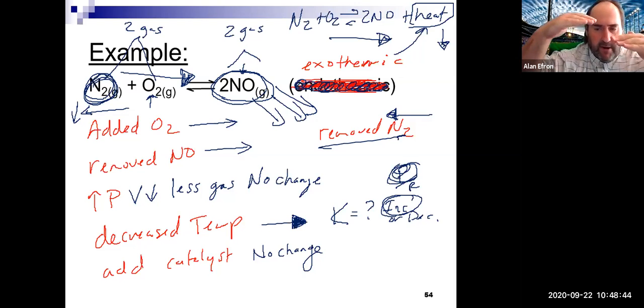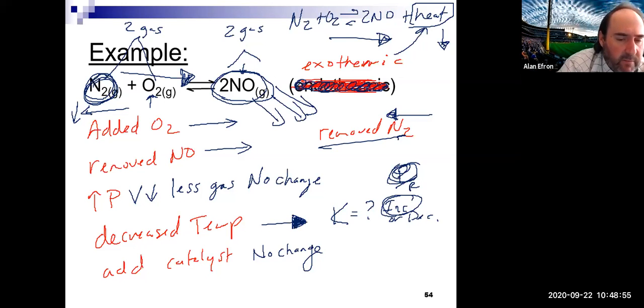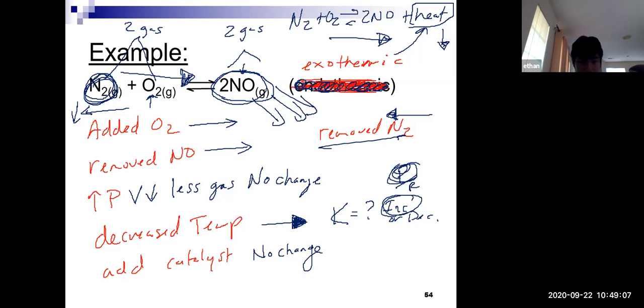You had the product side, and then all of a sudden you got rid of some of it, so to fix it, the reaction heads towards the product side to fill it back in. By removing the products, we're initiating that forward reaction to replace those products and get back to an equilibrium state. Okay. Other questions?